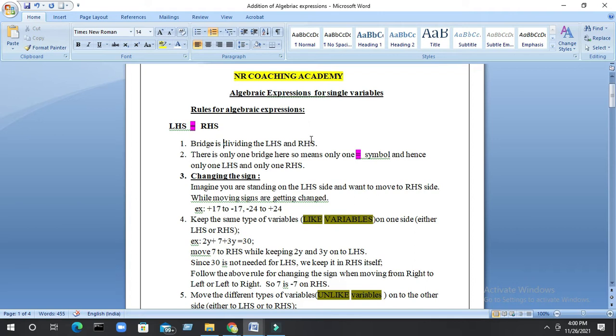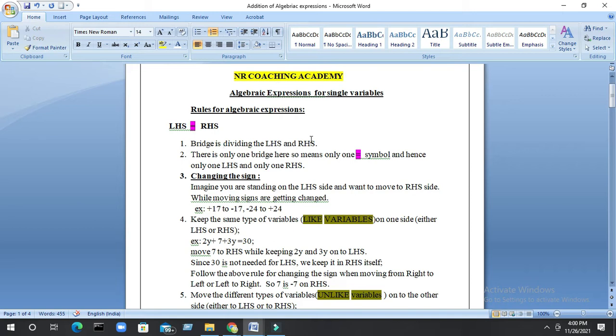Now the next most important thing is changing the sign. In the first rule, what we understood is that we are going to have only one equal sign, and we compared it to a bridge. Now in the second one, we are going to think about changing the sign, the most important and the trickiest one. But I have made it very simple with this memory technique.